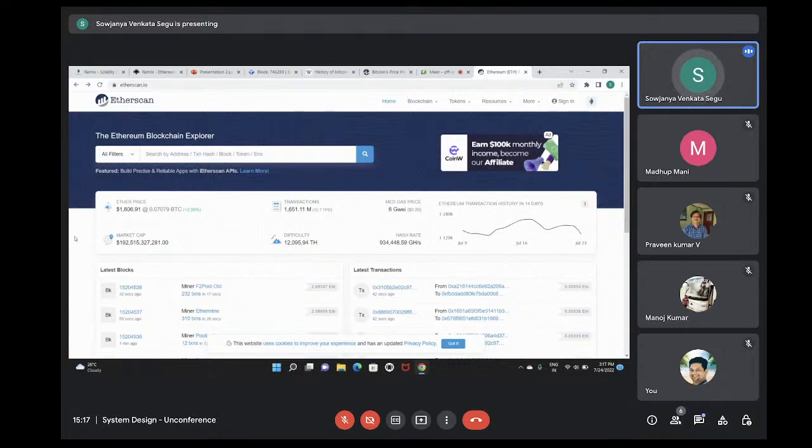If the data has to be visible only to a group of participants, then we can use permissioned networks like Hyperledger Besu. Besu is a client of Ethereum, which has the ability to control the participants that can be involved in the network. In that case, only the participants on the network can see the data.